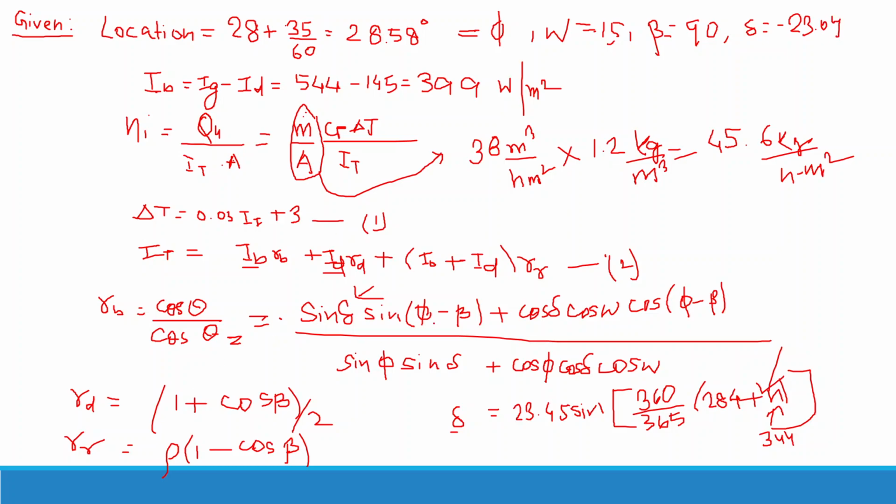Now you have delta, now you have phi from here, now you have beta, and everything. Now calculate the RB, RD, and RR values. These are the formulas. Calculate it and inform me the values in the in-call messages. Everything is on the screen.